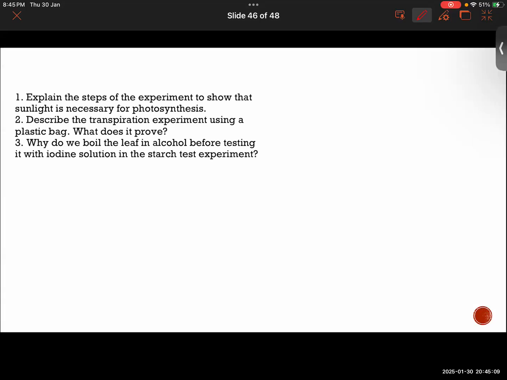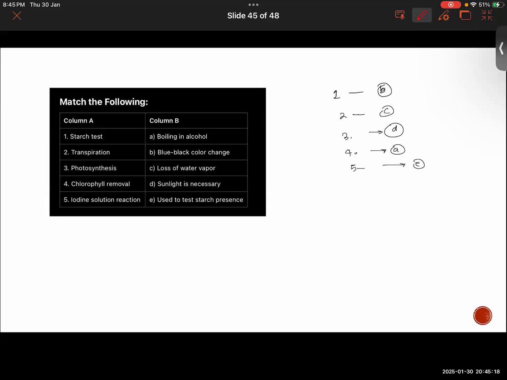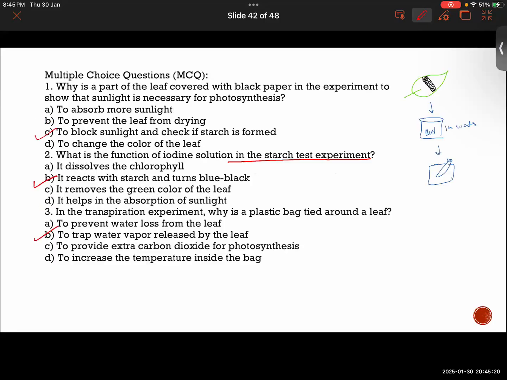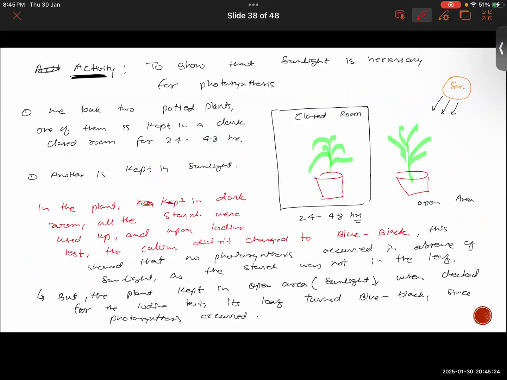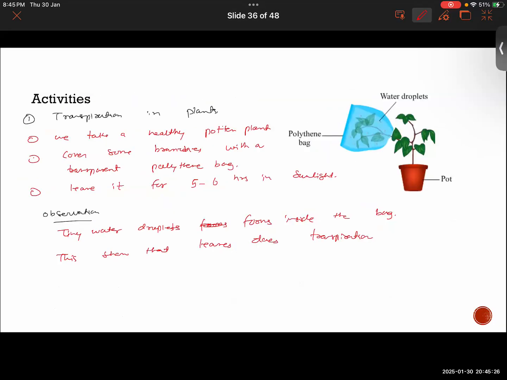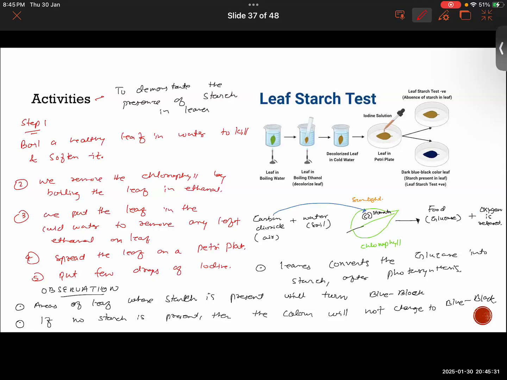Yes, Ayush. We have to describe the transpiration experiment using a plastic bag, and what does it prove basically? You can refer to the diagram, as we have discussed an experiment regarding transpiration in the previous class. Sir, I remember.